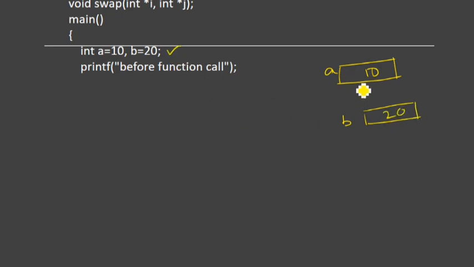I declared these, but I'm assuming the address of a is 1000 and the address of b is 2000.